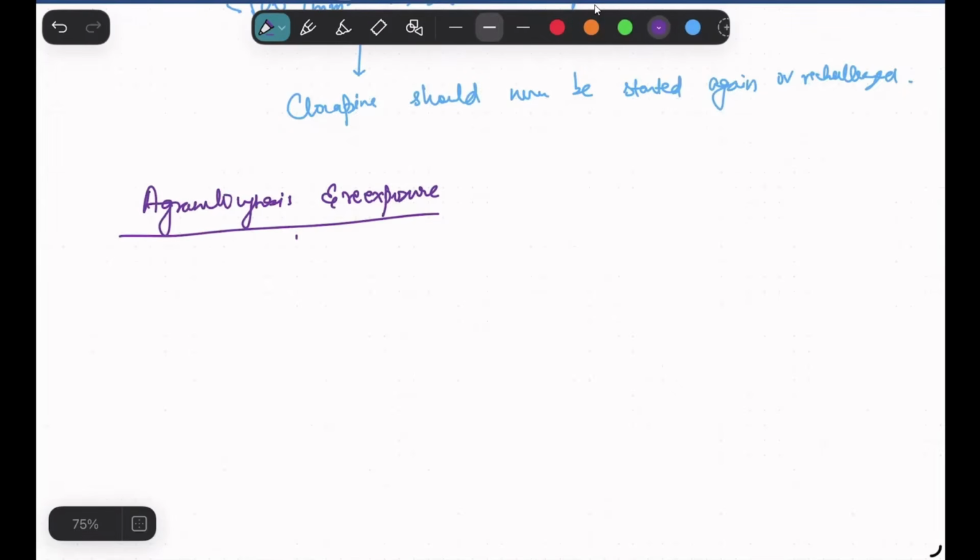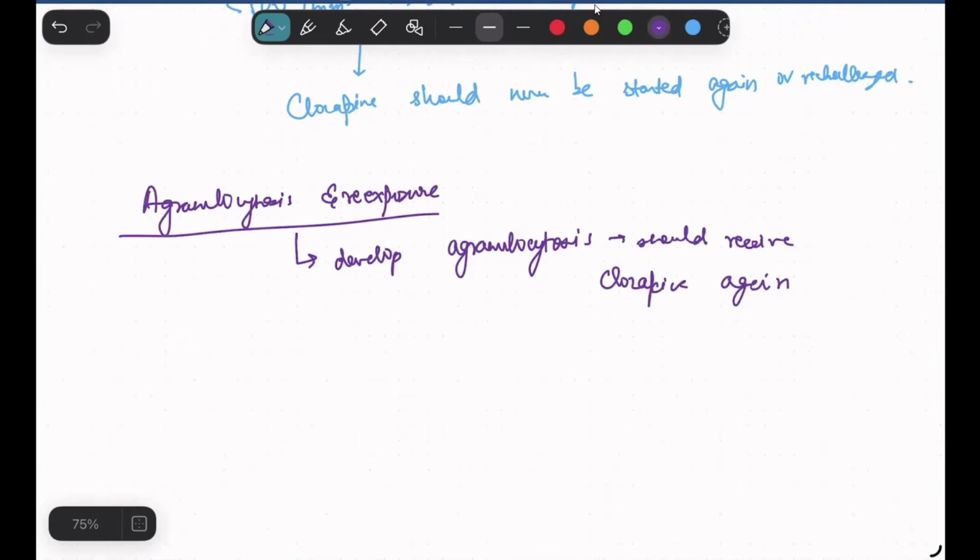Okay, so a patient who develops agranulocytosis should never receive clozapine again. Clear?